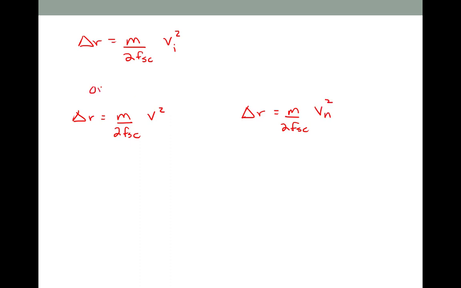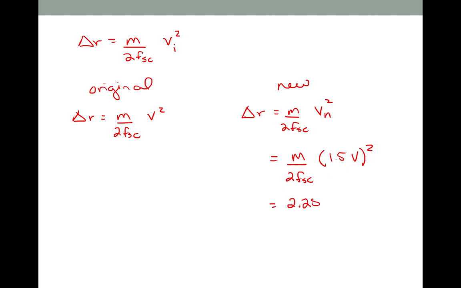So this would be the original. And this one would be the new. I'm going to plug in that v new is 1.5 times my original, and I'm going to square that. Okay, 1.5 squared is 2.25.